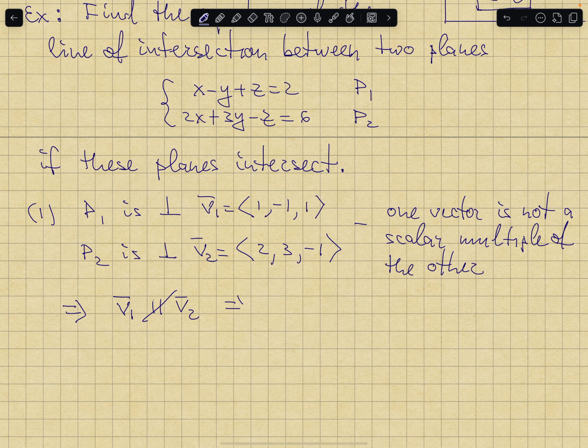And so therefore, the planes that are perpendicular to V1 and V2 cannot be parallel. So P1 is not parallel to P2. And if they're not parallel to each other, then the conclusion is that P1 and P2 intersect along a straight line.